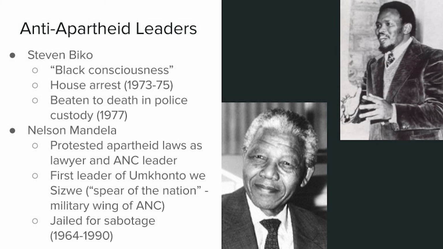And as a result of this participation, Nelson Mandela was jailed for supposed participation in a sabotage plot. And he remained in jail from 1964 until 1990. And so much of his activist work took place both before and after that long jail sentence.